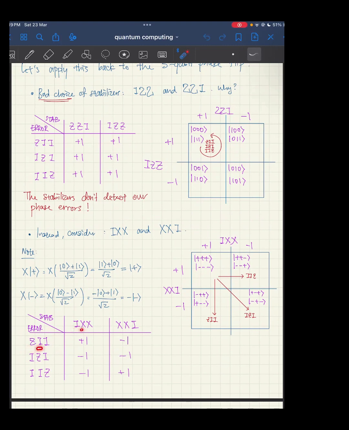We have I and X, which commutes. And we have I and X, which commutes. So this sends it to the +1 eigenspace. As for the XXI operator, X and Z do not commute, so we have a -1 eigenvalue. I and X commute, and then I and I commute. So overall, we land in the -1 eigenspace, which is represented over here.